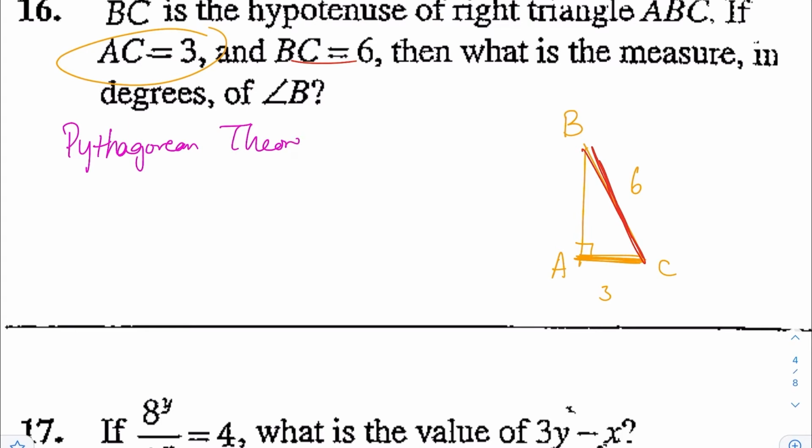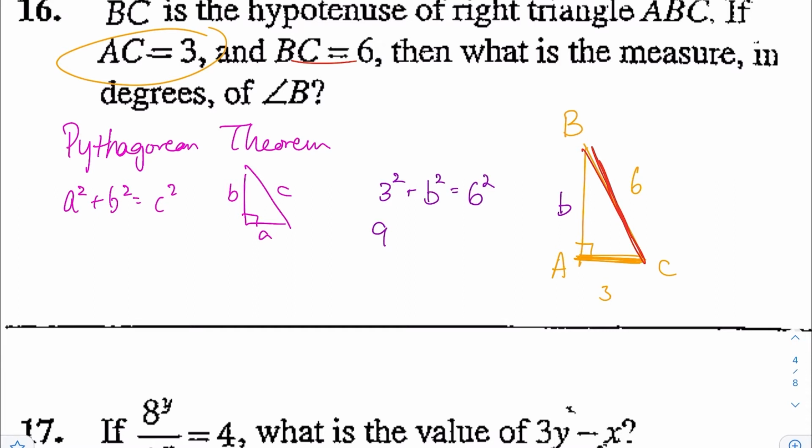But we can always use Pythagorean, which states that a squared plus b squared is equal to c squared. So here, you'll have to do 3 squared plus, you can call that b, b squared, that's going to be equal to 6 squared. So 3 squared is 9, plus b squared is going to be equal to 36.